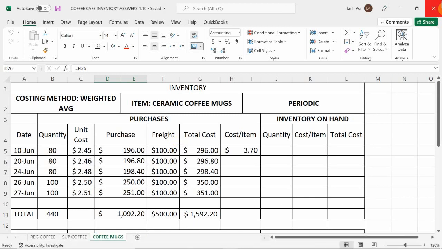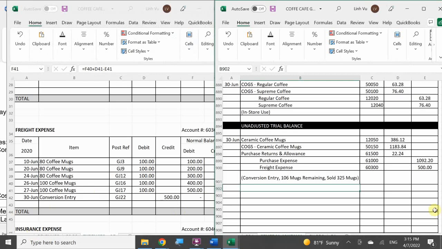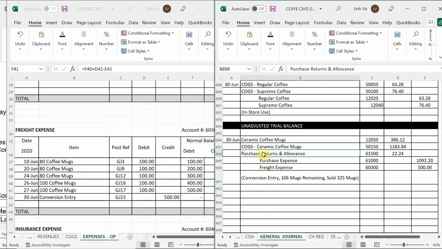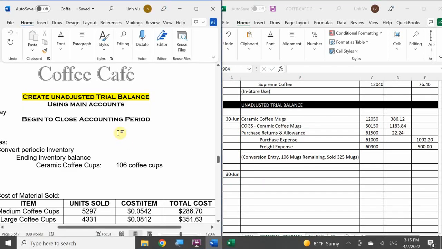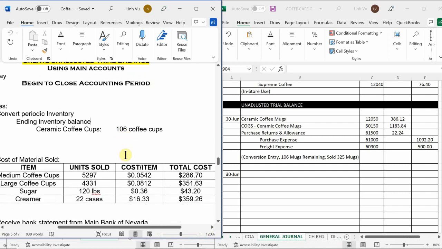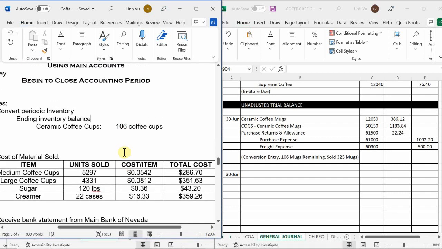We can close this out. Okay? We're done with inventory. So let's see what happened next. Okay? Now we need to adjust the cost of goods sold.